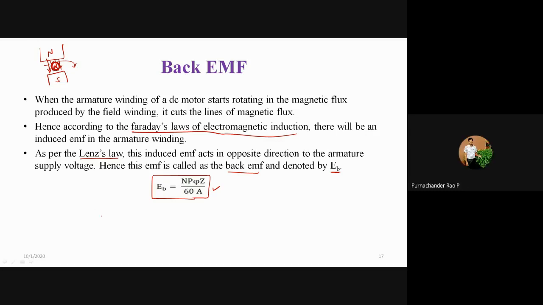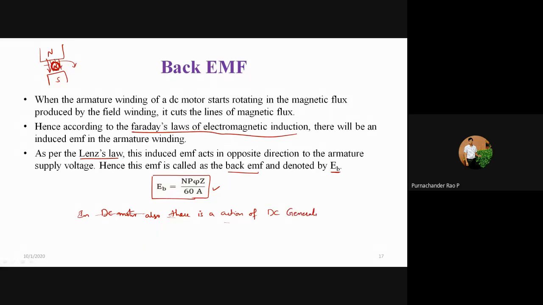In DC motors also there is the action of a DC generator.